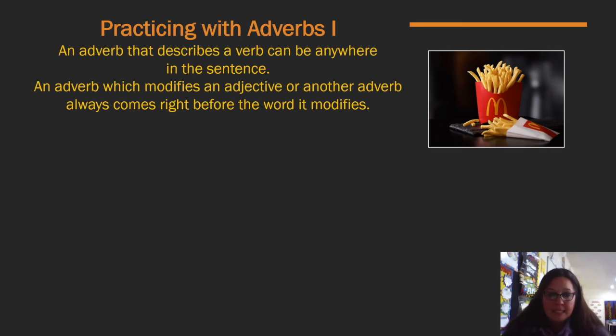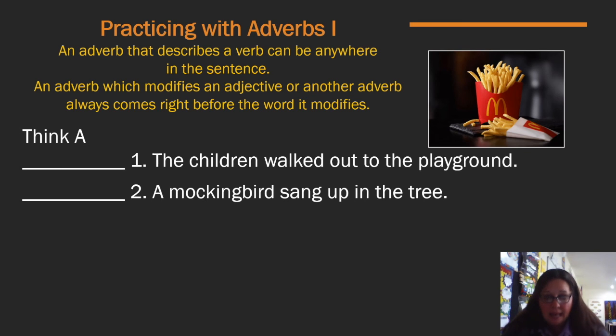We're going to be practicing with adverbs on page 189. And just 2 little reminders: an adverb that describes a verb can be anywhere in the sentence, and an adverb which modifies an adjective or another adverb always comes right before the word it modifies. In Think A, we're supposed to look at the following sentences that contain an adverb which describes the verb. We're going to underline the verb 2 times and then write the adverb in the blank.